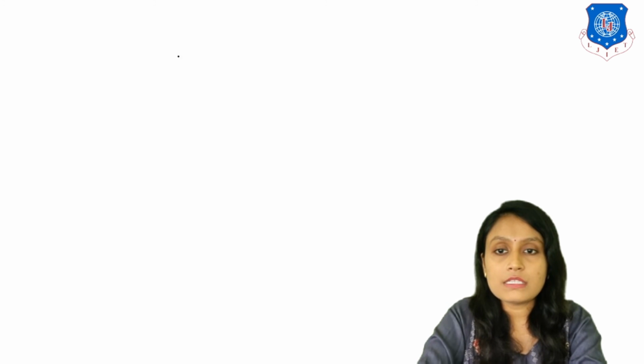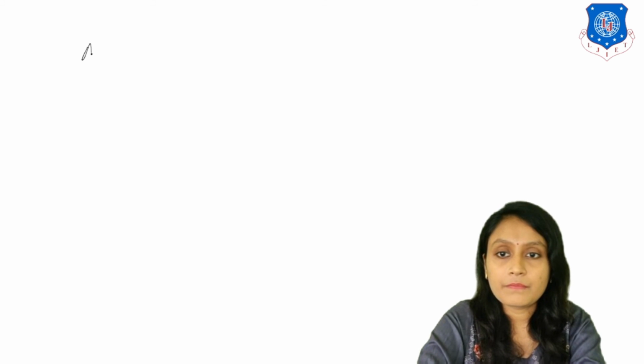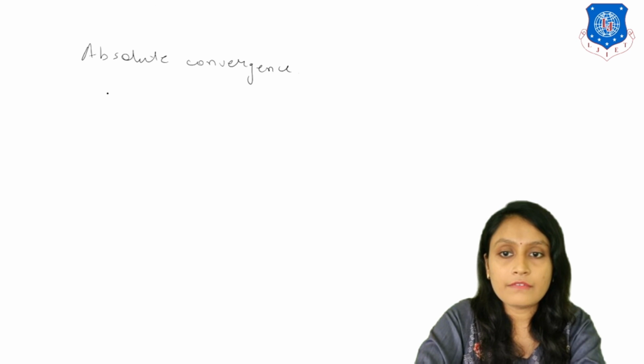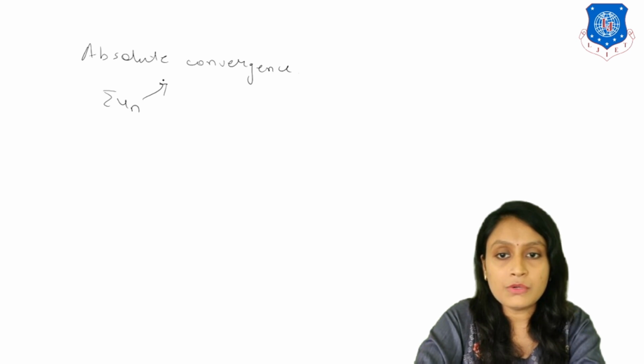So in today's session, firstly we studied absolute convergence, right? So here we have this series un. We can say that series un is absolutely convergent if series mod un is convergent.